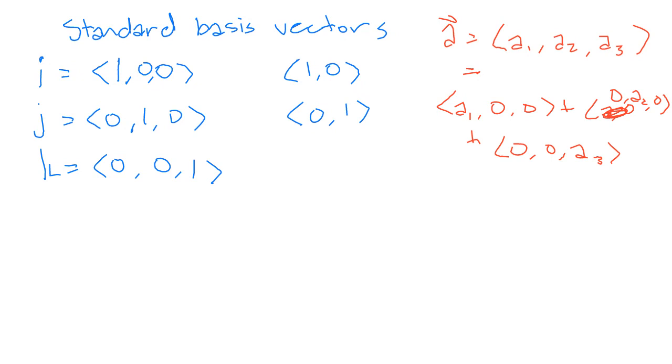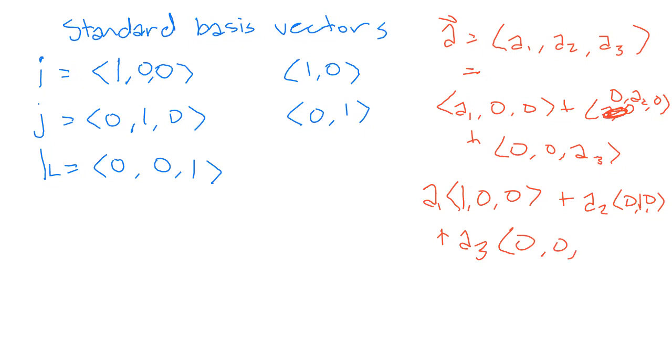Now we can use properties of scalar multiplication and pull each one of these out to get A1 times 1, 0, 0, plus A2 times 0, 1, 0, and then A3 times 0, 0, 1.